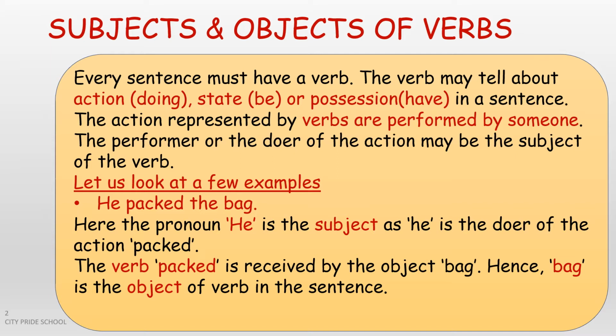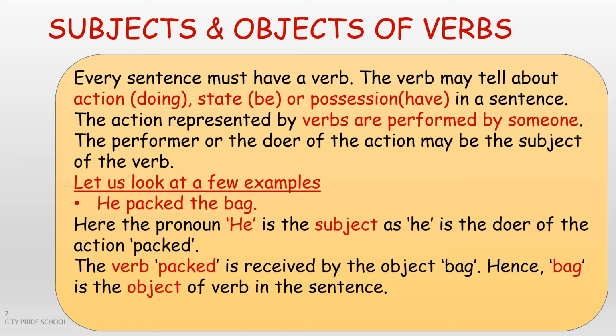Although object is not a compulsory element, a sentence may have an object, may not have an object, but a sentence should necessarily have a subject and a verb in order to make sense, and that we have already discussed.